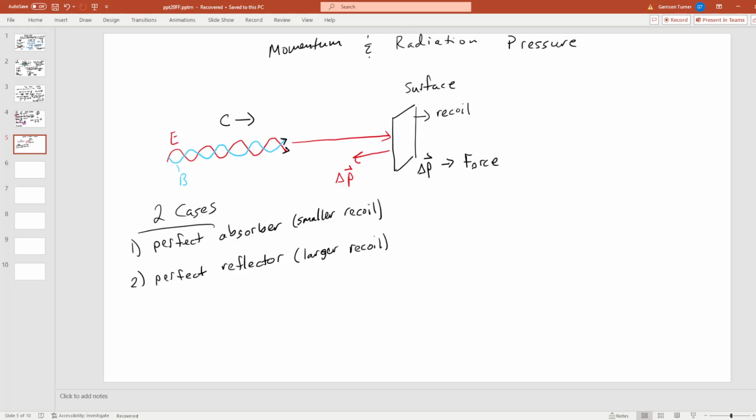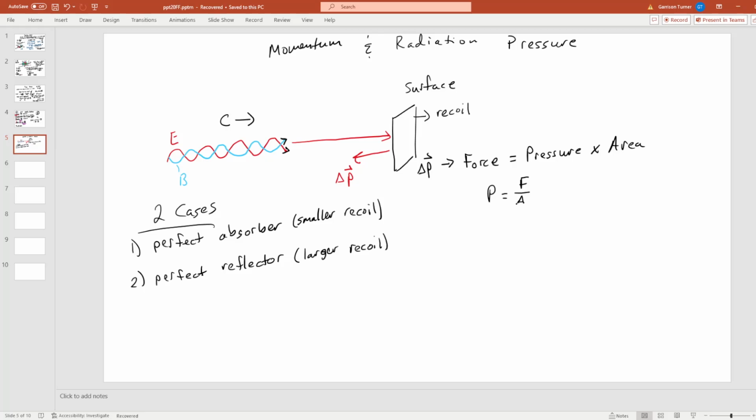And so the force that it experiences is going to be equal to the pressure that the electromagnetic wave exerts on it times the area of the reflector or absorber. But if we look at this equation, pressure equals force per unit area.